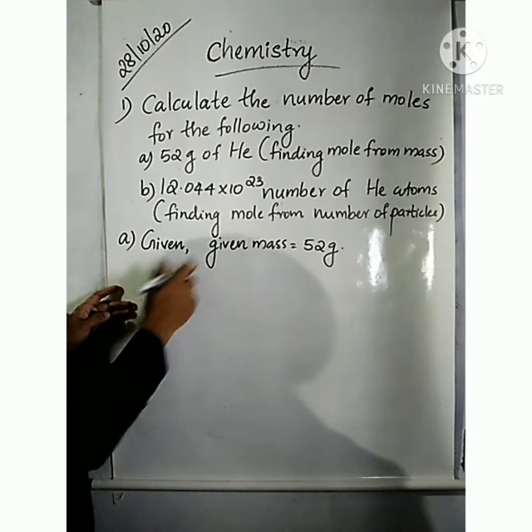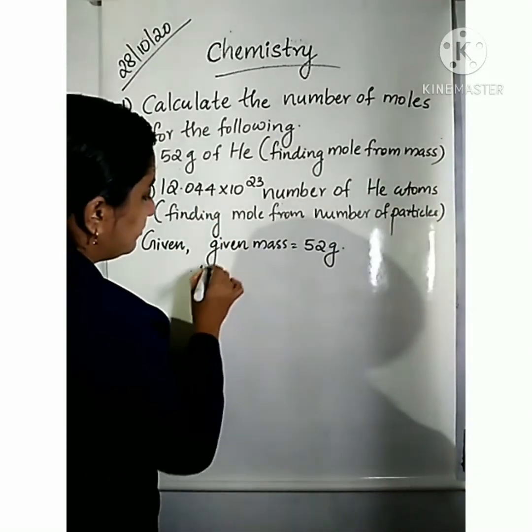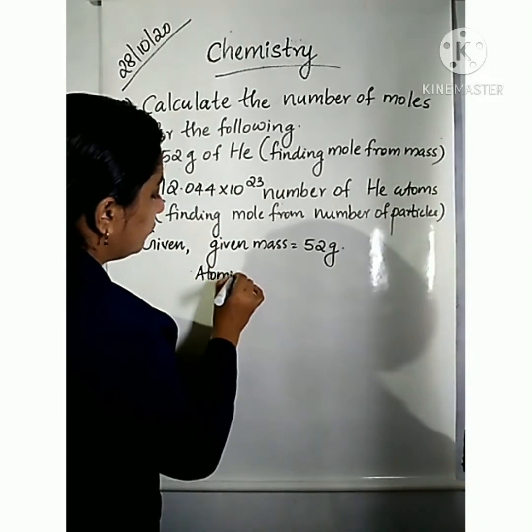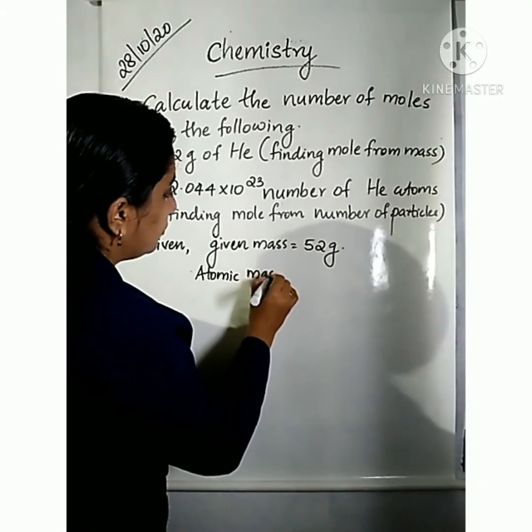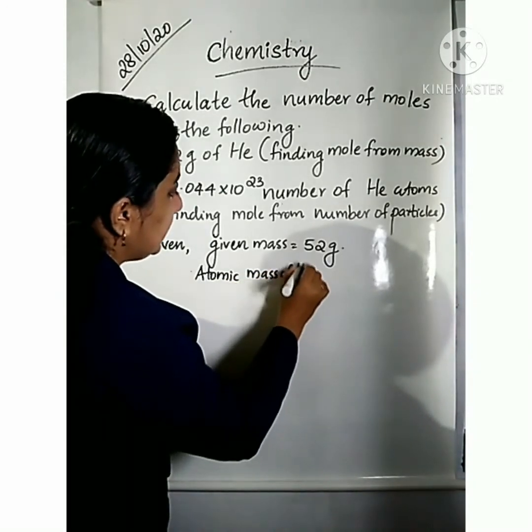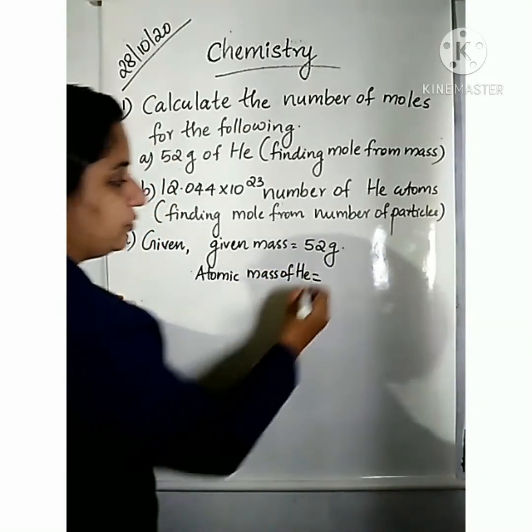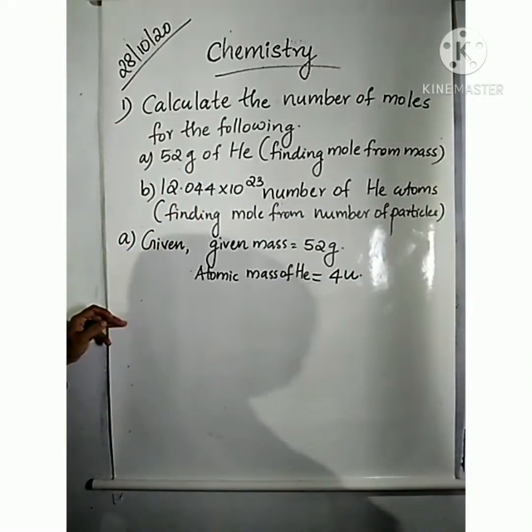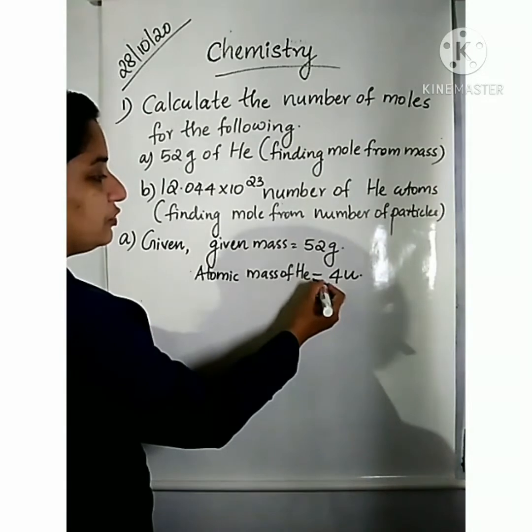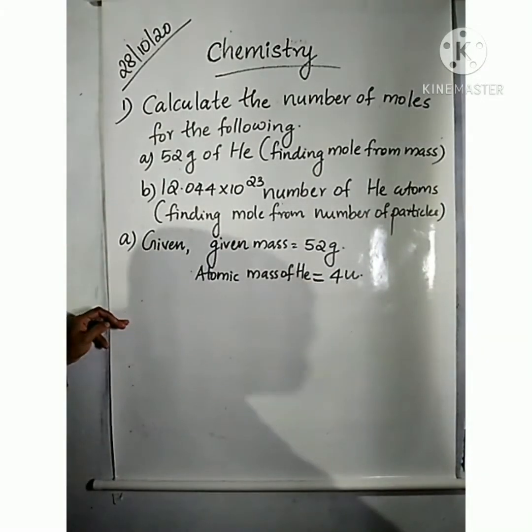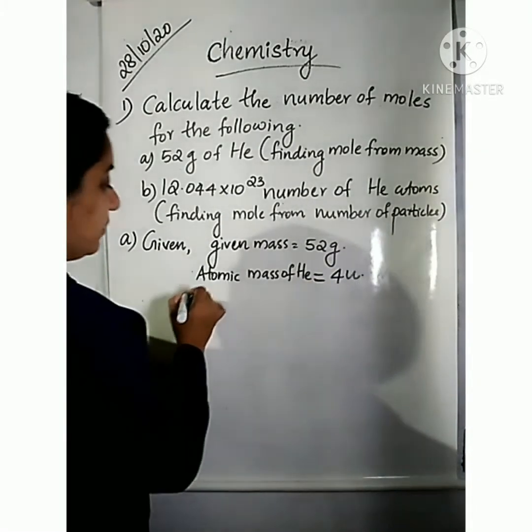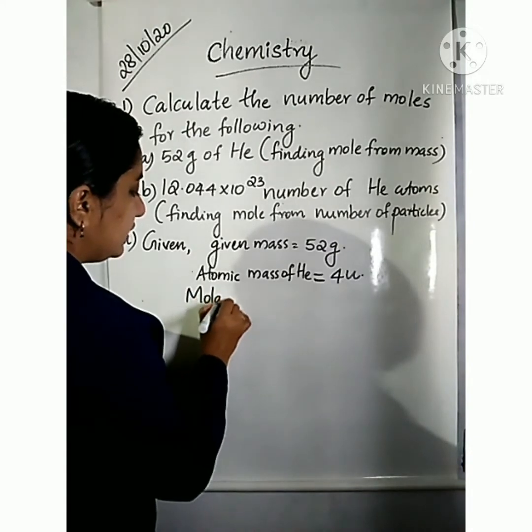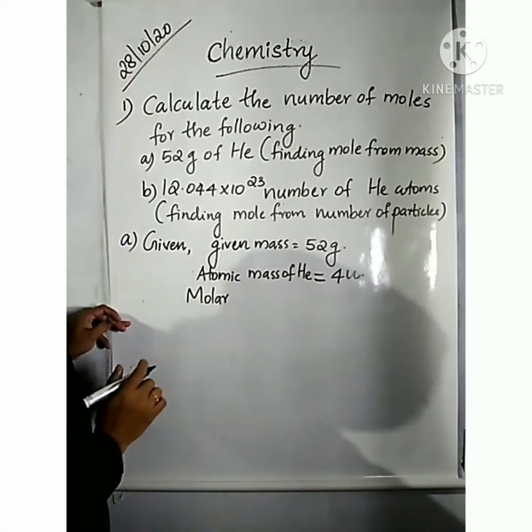Then the atomic mass of helium, what is it? Atomic mass of helium atom equal to 4 atomic mass unit. So, molar mass also equal to its atomic mass.